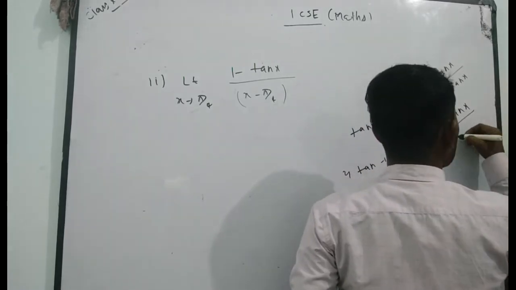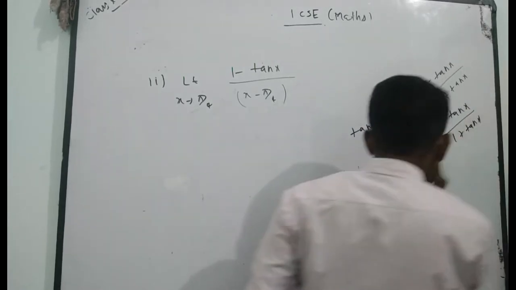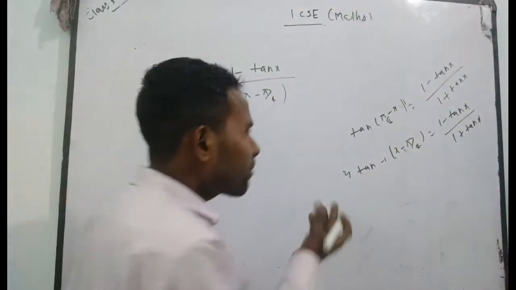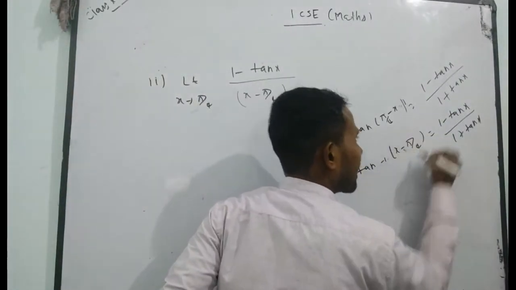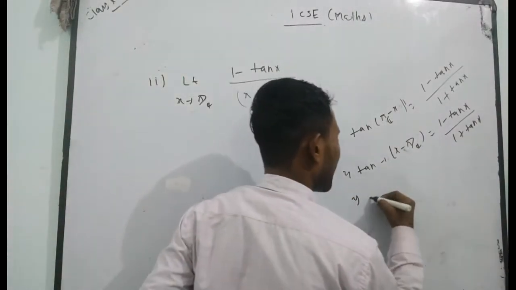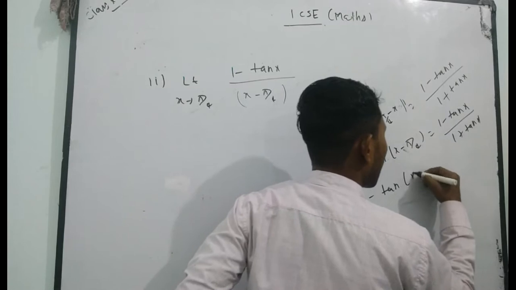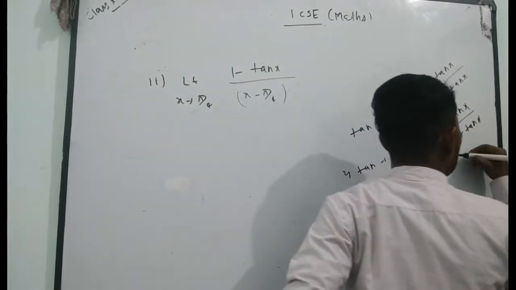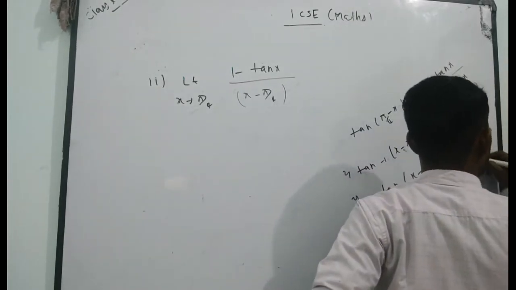I have done nothing, simply taken the negative sign common from this expression. What is the formula of tan(minus theta)? Suppose this angle is theta, then tan(minus theta) is equal to minus tan theta. So can you write it? tan(pi by 4 minus x) is equal to minus tan(x minus pi by 4).